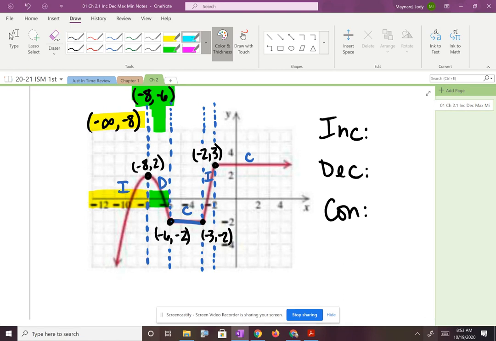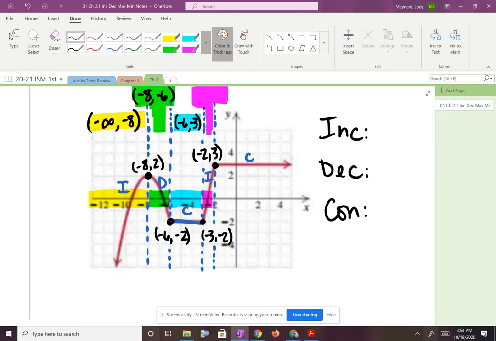All right, now what about this interval right here? So this blue interval we're constant over. So where does that blue interval start? It goes to? Good. And then I'm going to have a pinkish interval right here where we're increasing, a little teensy tiny one. I'm going to put it up here.